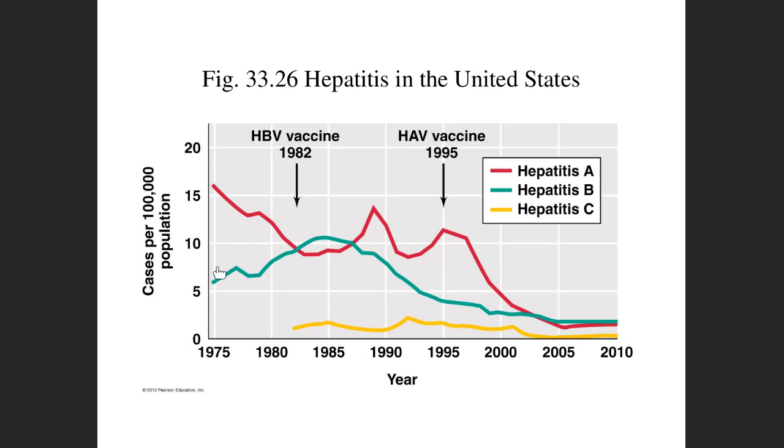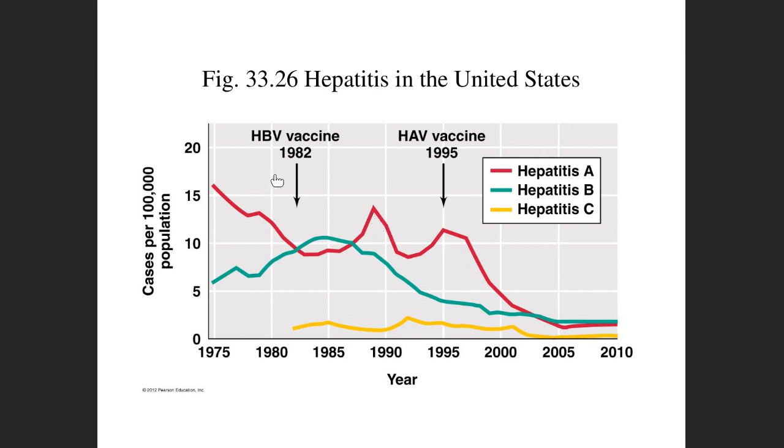So here are the infection incidents of different hepatitis viruses, up and down. And the C is low, but both A and B types are coming down. It was really bad at the beginning, late in 1975, and that range was very prevalent.